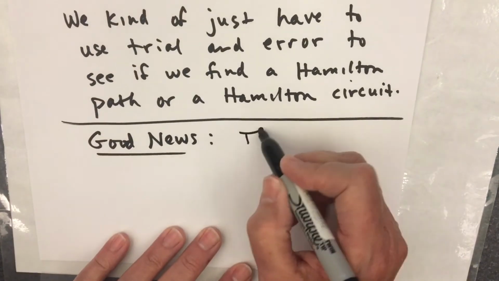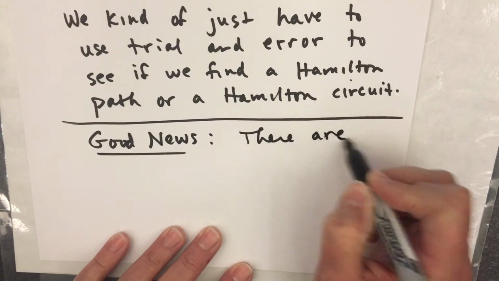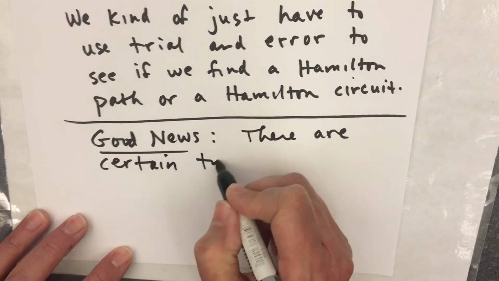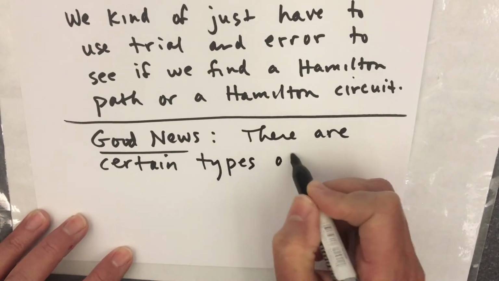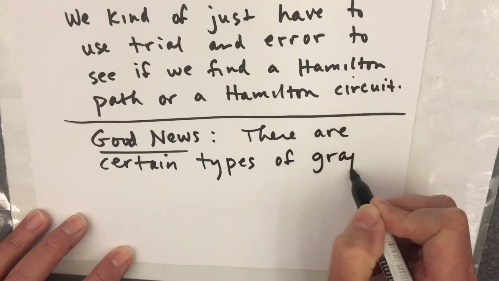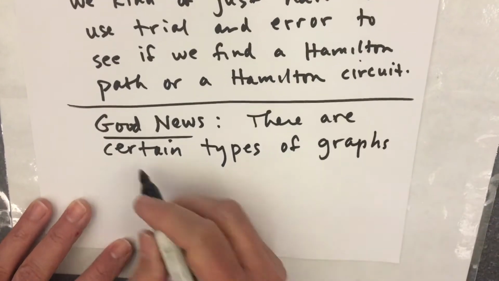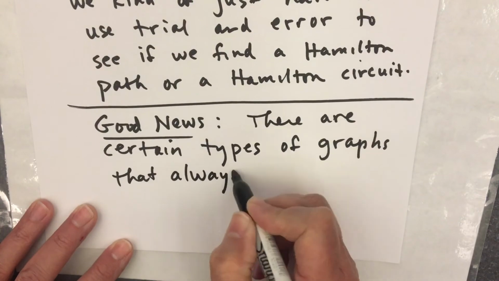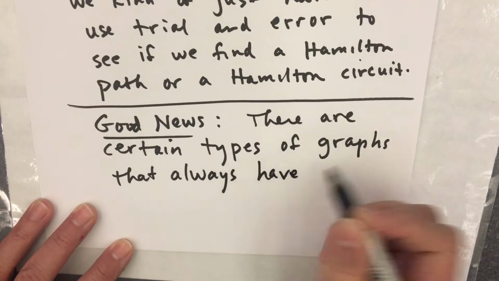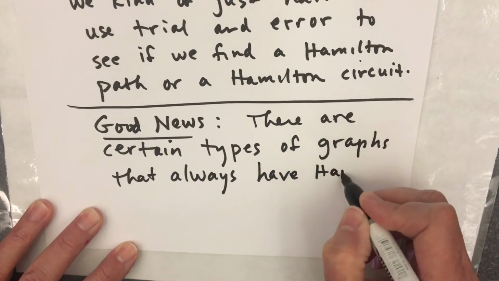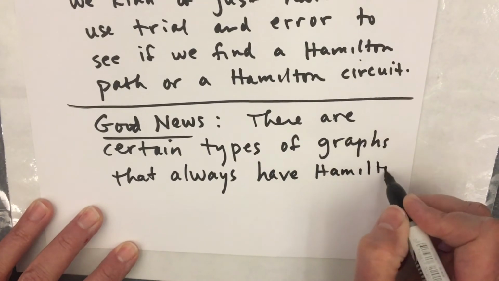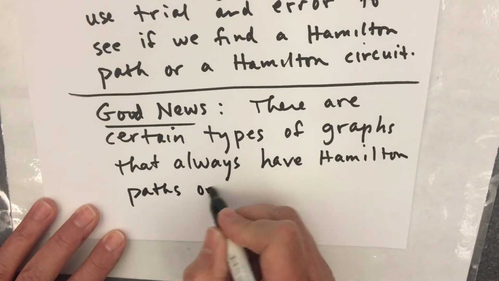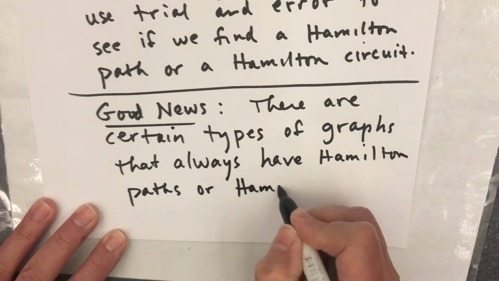There are certain types of graphs that always have Hamilton paths or maybe Hamilton circuits.